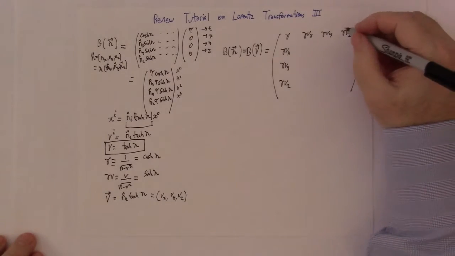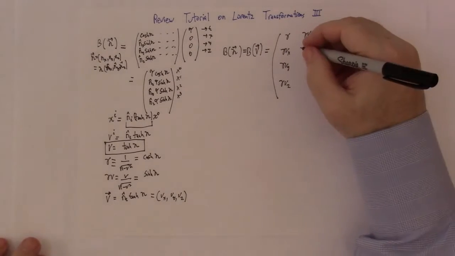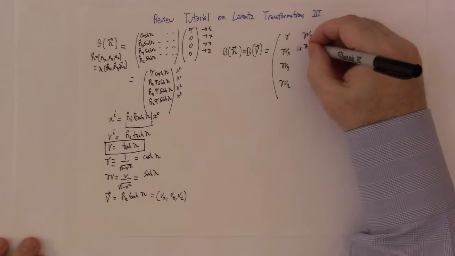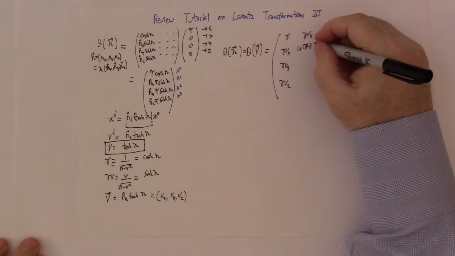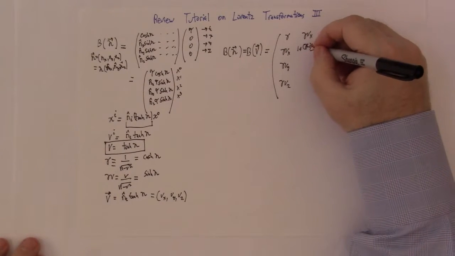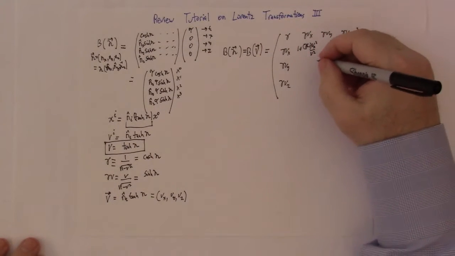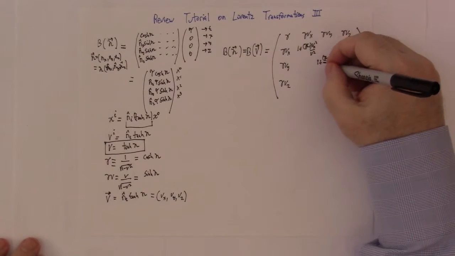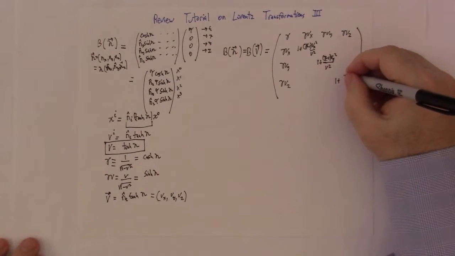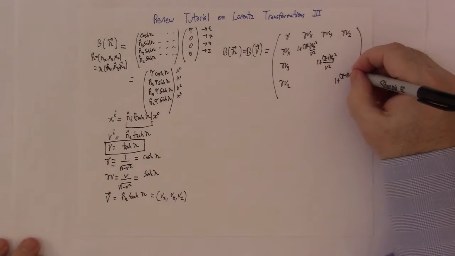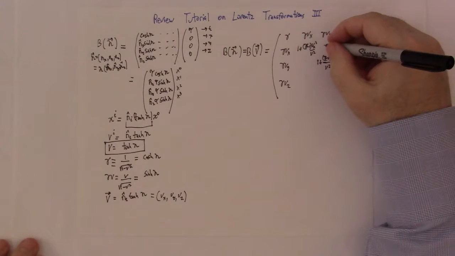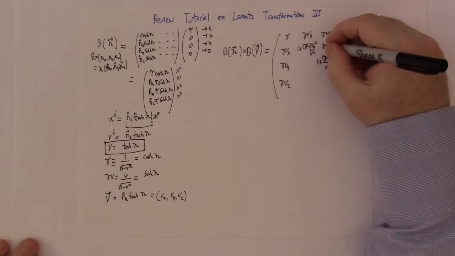It looks pretty on the time component parts, but again, it's the same sort of ugly thing on the rest of it. 1 plus (gamma minus 1) Vx squared over V squared. All the diagonal ones are basically the same: 1 plus (gamma minus 1) Vy squared over V squared, and 1 plus (gamma minus 1) Vz squared over V squared. And on the other ones, it's just cross products, so we lose the 1.